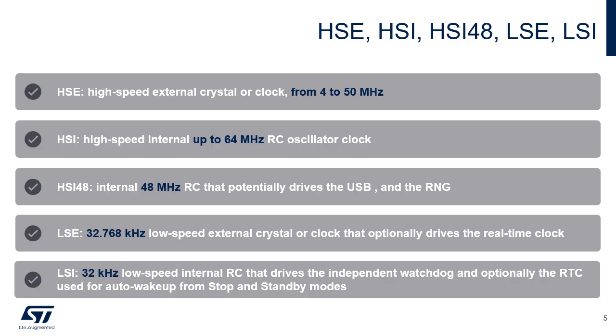In this case, a non-maskable interrupt is generated, and a break input can be sent to the timers in order to put critical applications such as a motor control in a safe state. When an HSE failure is detected, the system clock is automatically switched to an internal oscillator, either HSI or CSI, so that the application software does not stop in the case of crystal failure.